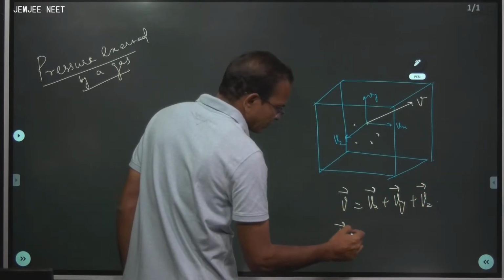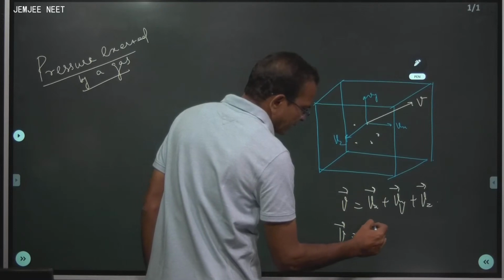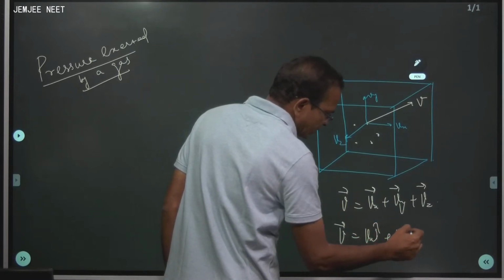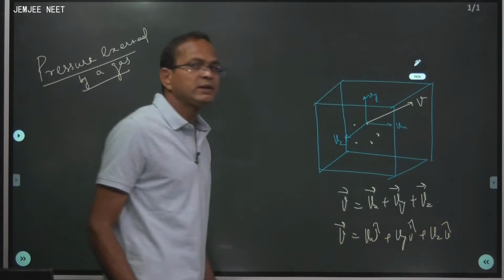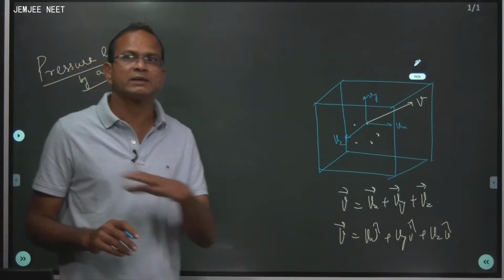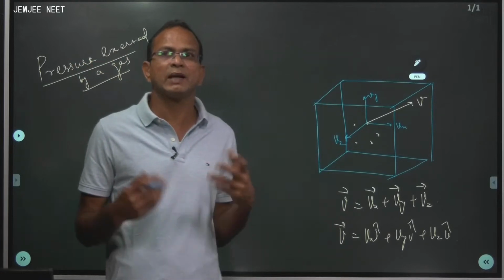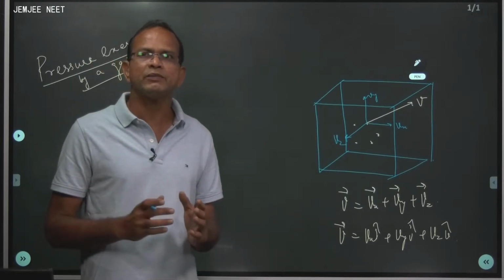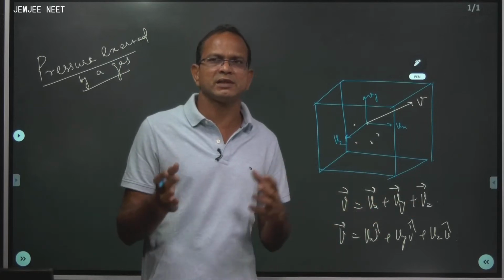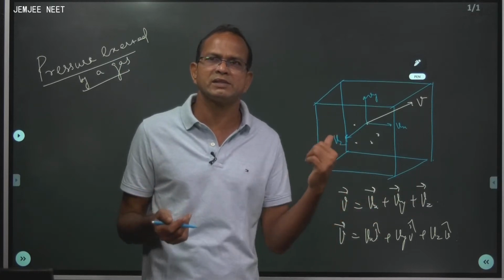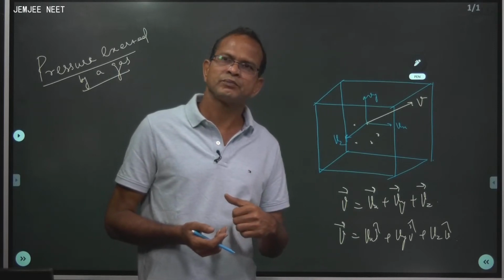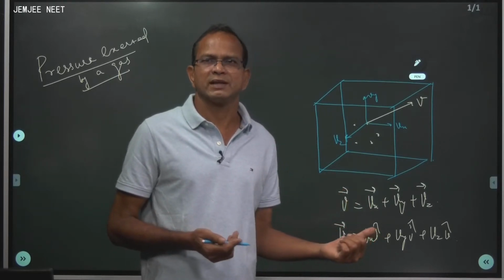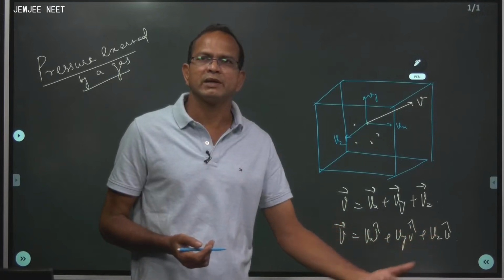So V vector equals Vx i cap plus Vy j cap plus Vz k cap. But when you take the RMS velocities along the x axis, y axis and z axis, the probability of velocity along x, y and z are all equal, because already we stated that the molecules can go with all possible velocity in all possible directions. Therefore, all of them are equal.